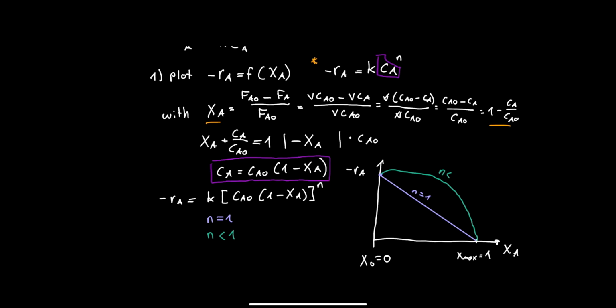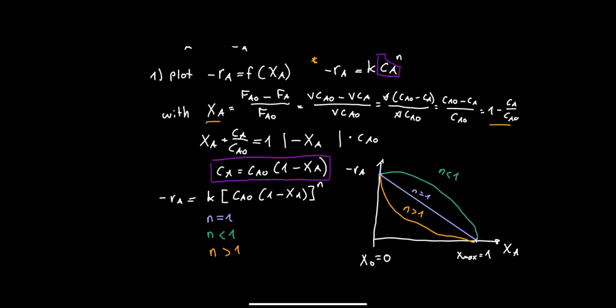N less than 1. Let me just sketch it more cleanly. Here we go. And if n would be larger than 1, we would have an exponential behavior as well. However, it would look something like this. So n larger than 1. So keep this plot in mind.